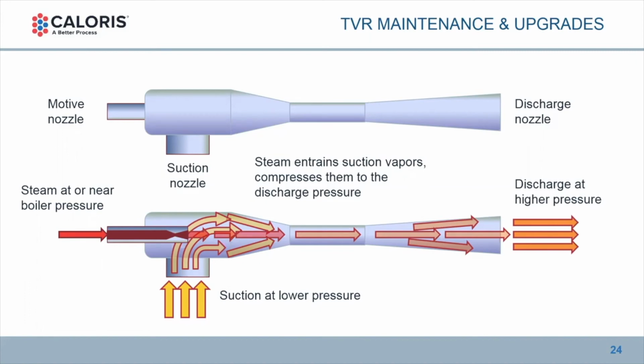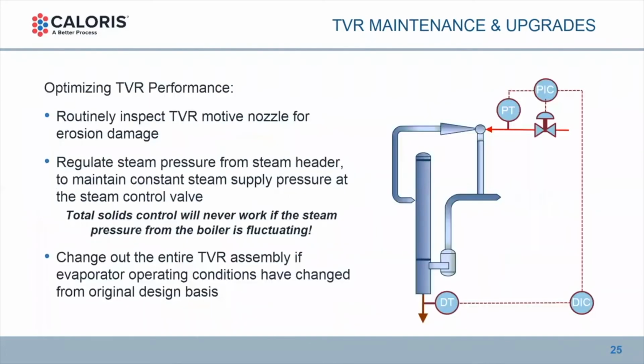At a certain point, it just becomes a steam heated device, and it's no longer sucking vapors or compressing anything. And at a certain point, that 5-to-1 efficiency of that 3-effect evaporator suddenly becomes a 3-to-1 efficiency, either because that motive nozzle is eroded and not functioning properly, or you're just trying to push so much steam into it.